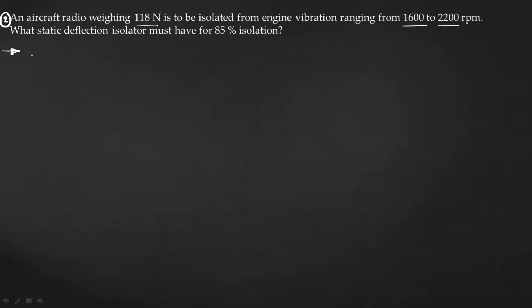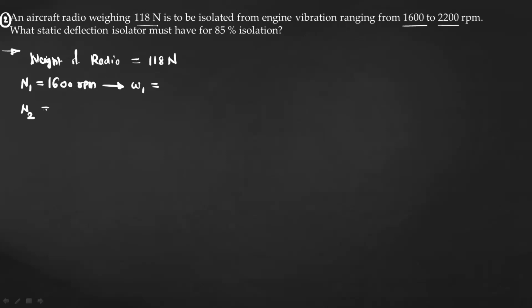So weight of the radio is equal to 118 Newton. Then the operating range or the operating speed: the lowest speed is 1600 RPM. So from this we will find out omega 1.